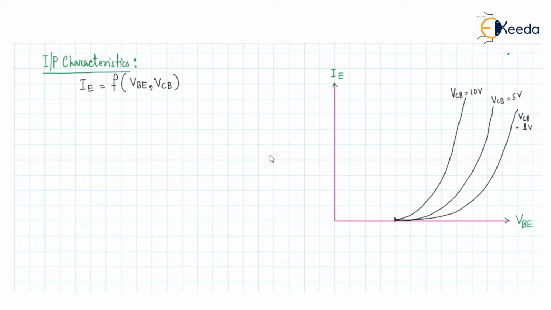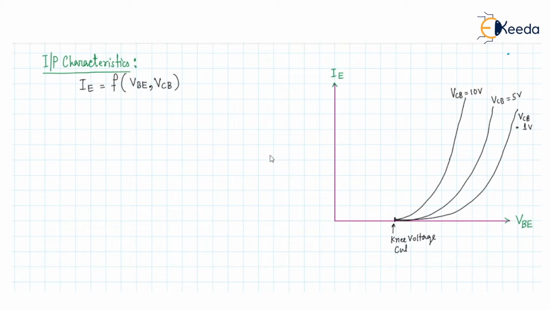As the VCB value increases, the curve shifts towards the left side, and it is similar to the forward bias junction voltage-current characteristics. Sometimes this voltage is also called the knee voltage of the input characteristics.